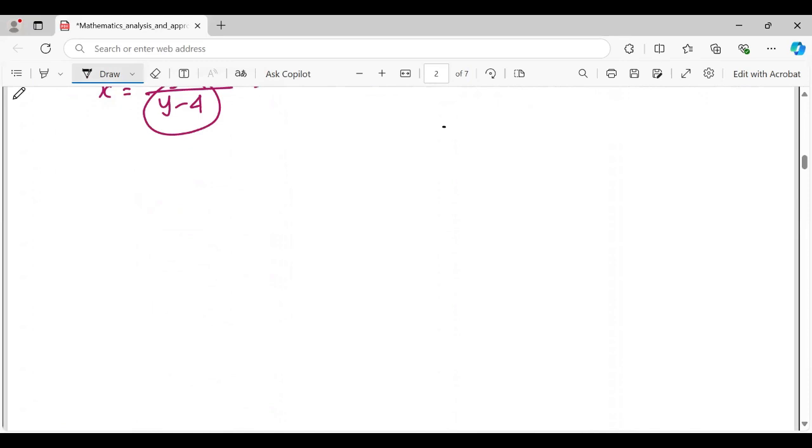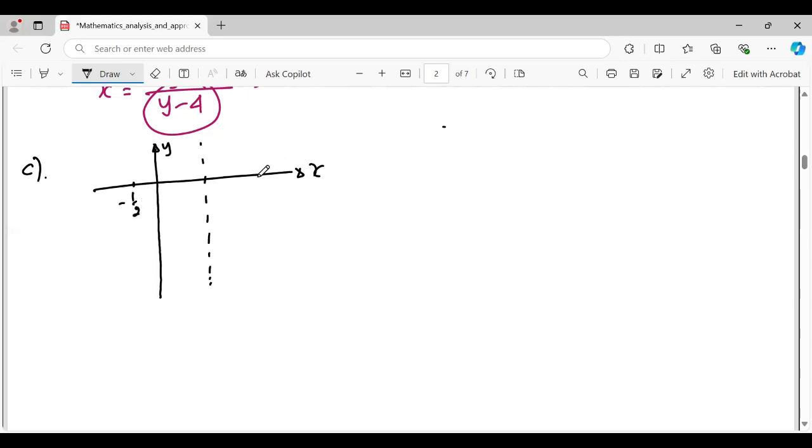I'm going to sketch this quadratic function. According to the information, the quadratic function has symmetry x equals 2, and it has root minus half and another root here on the x-axis.